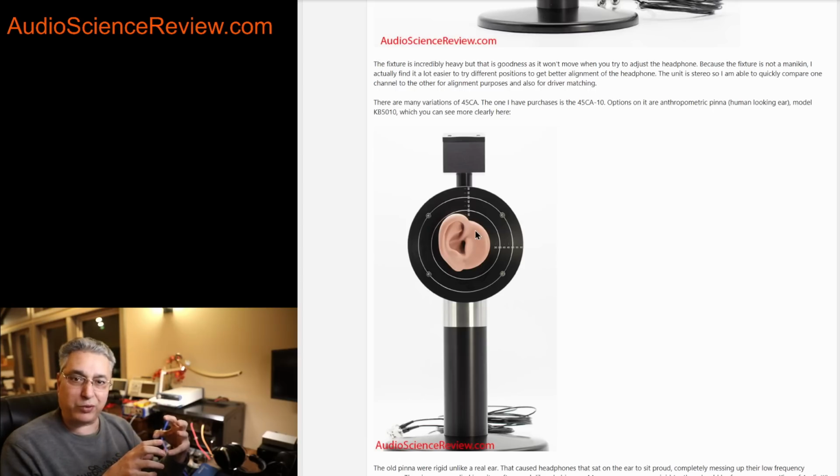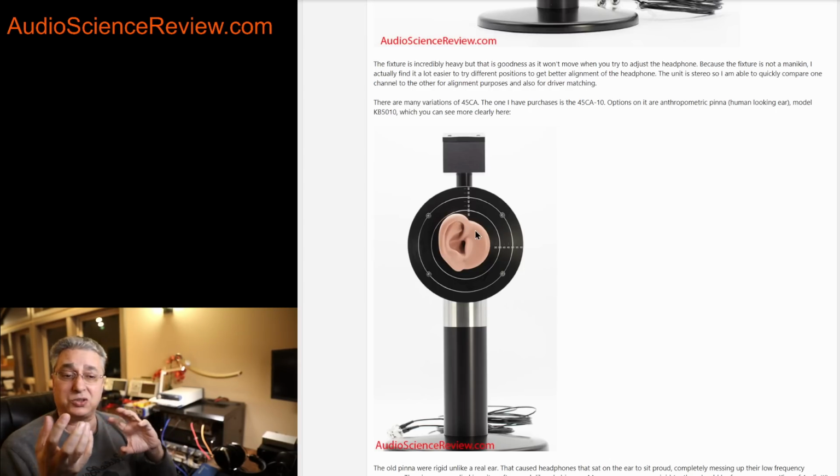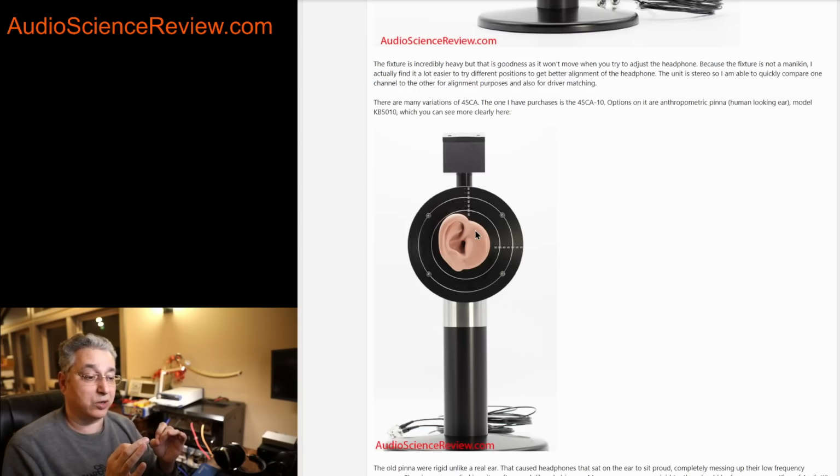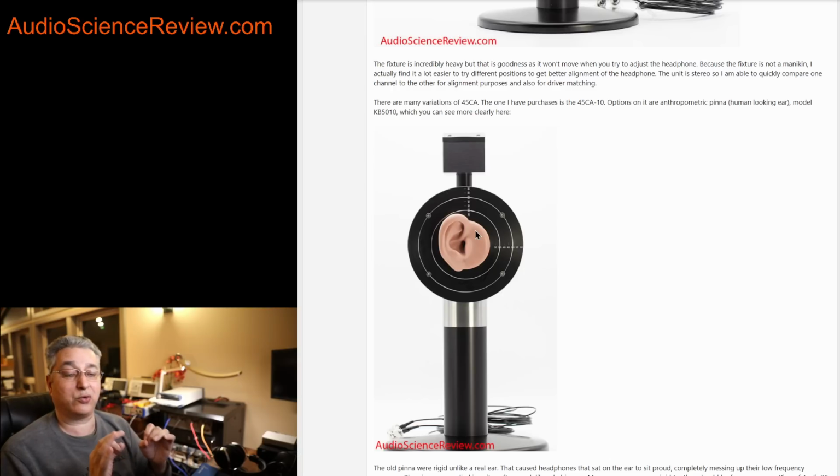Sometimes the headphone cooperates, and in this case it did actually with the HE-6. But some other times they do not, where I can put a headphone on and it just shows such drastic differences in every time I mount it, that you just have to learn, and I'll show you how you learn that technique of being aware of the fact that we're not talking about super accurate assessment in measurements of headphones.